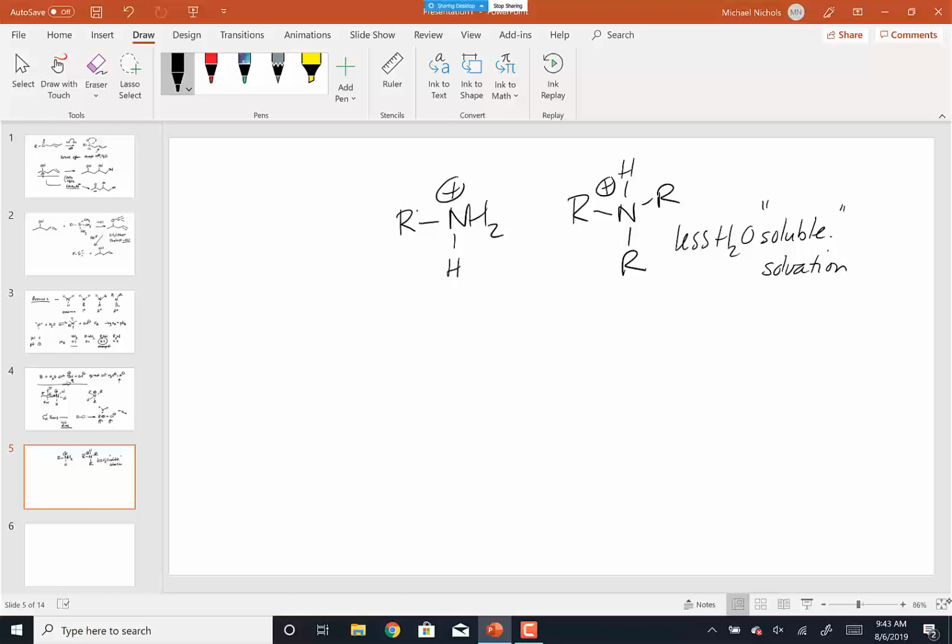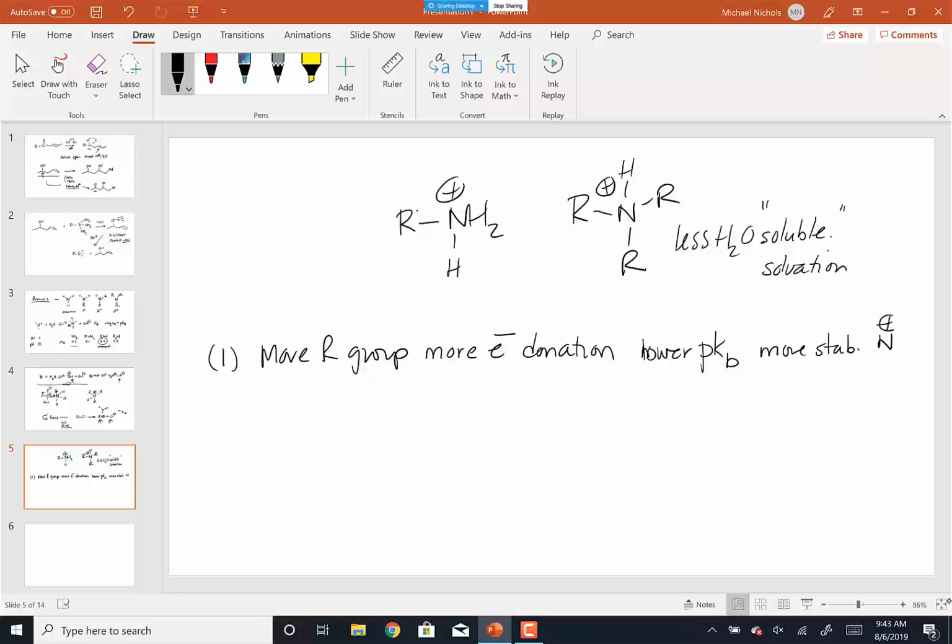So we have 2 factors that go into this basicity. Number 1 factor is, in theory, the more R groups, the more electron donation, the lower the pKb, the more stabilization of the NH plus species.